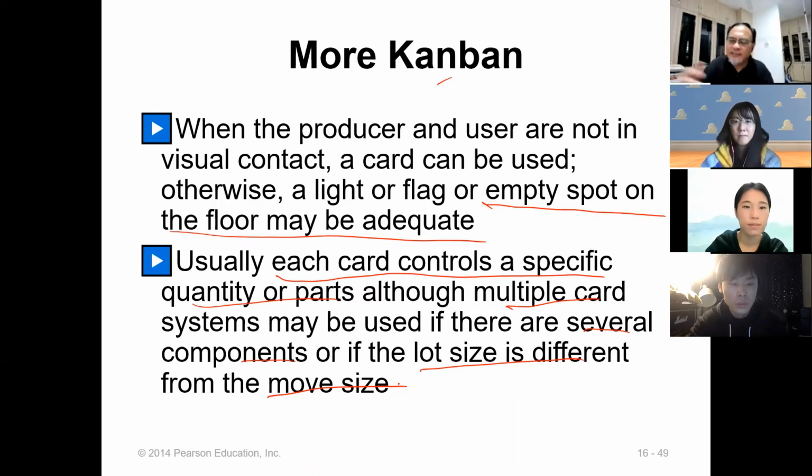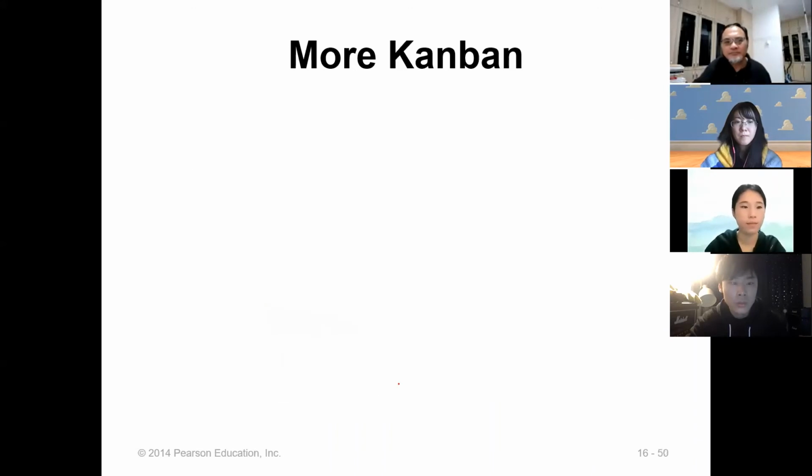Like in 7-Eleven or in Family Mart. So the onigiri is already finished. Onigiri only left 5. So they will send and fill up the onigiri or send the bread. It is a kind of that system.